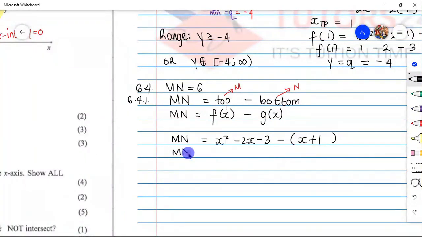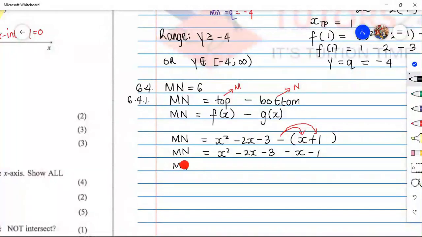So let's simplify that. mn is therefore equal to x squared minus 2x minus 3. And now this negative sign times x is going to give us a value of negative x. And this negative sign times positive 1 is therefore going to give us a value of negative 1.